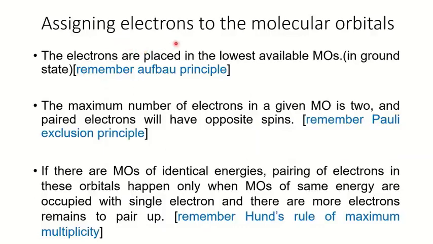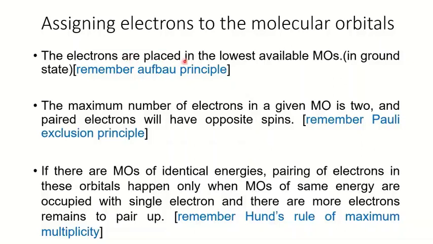Assigning electrons in the molecular orbitals. We know there are certain rules like the Aufbau principle, Pauli's exclusion principle, Hund's rule of maximum multiplicity, etc. when we fill electrons in atomic orbitals. Now, similar rules exist in the case of molecular orbitals too.